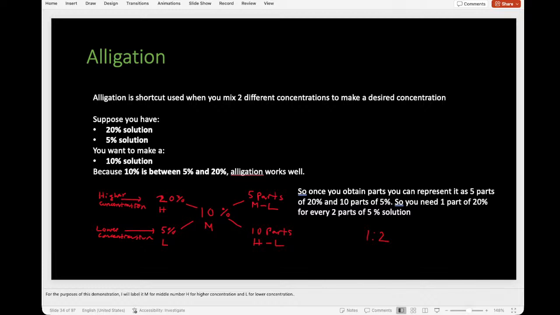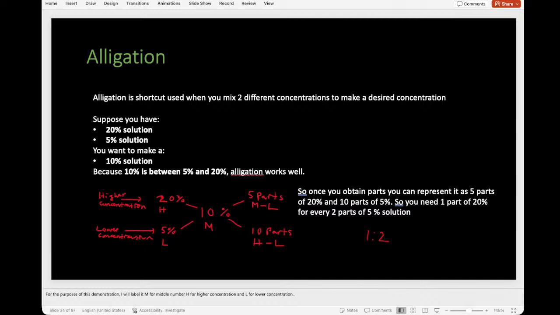You list the H, which is the higher concentration, right here on the left. And then the L, which is the lower concentration, 5% solution. And then in the middle, which I labeled M, is the 10% solution. You will subtract the 10% by the 5% to form 5 parts. And then 20% minus 10% to form 10 parts.